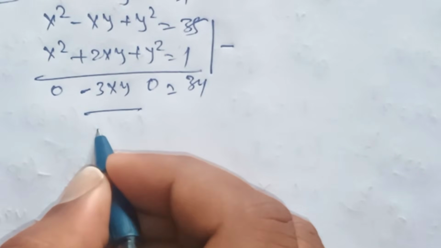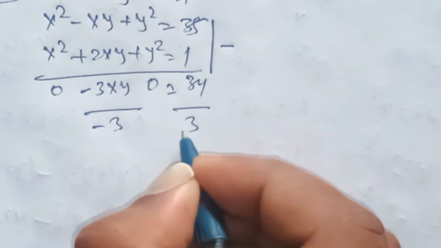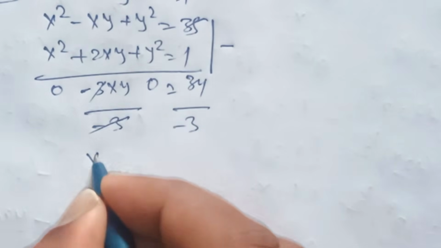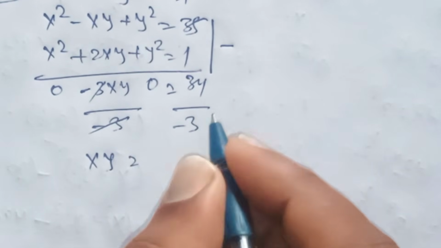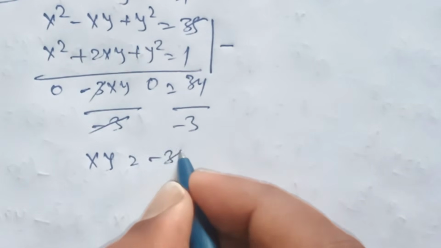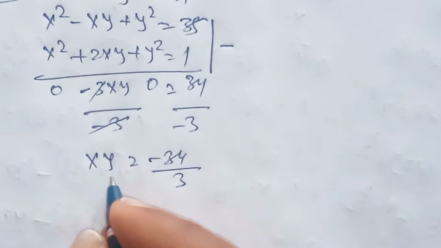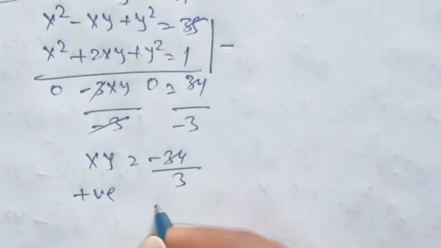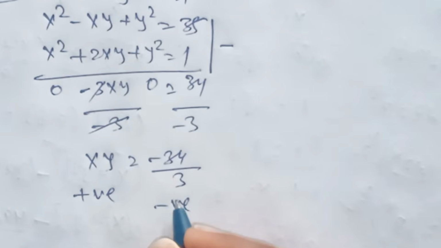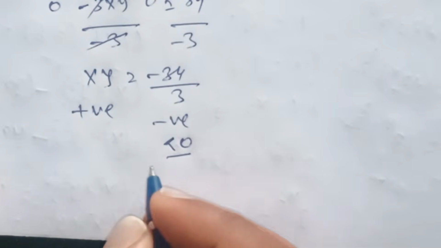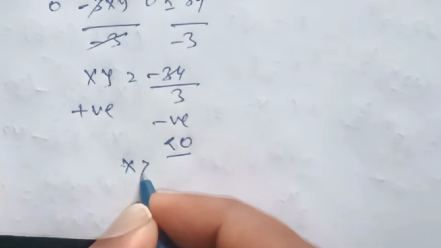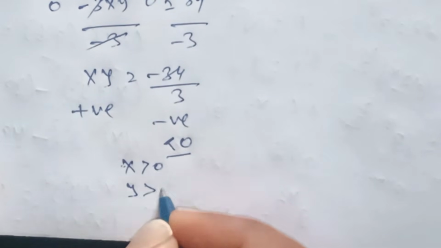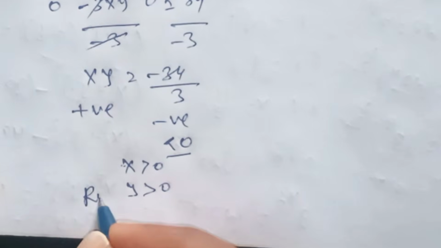Both sides divided by minus 3, the minus 3 cancels here. So xy is equal to minus 34 divided by 3. See here, this is negative, so xy is less than 0. But the condition says that x is greater than 0 and y is also greater than 0. So this case will be rejected.